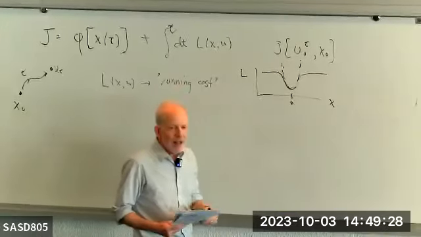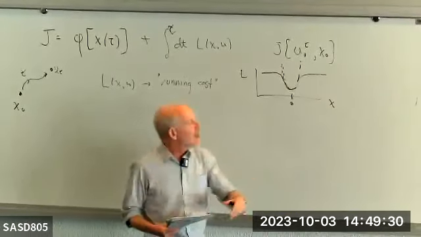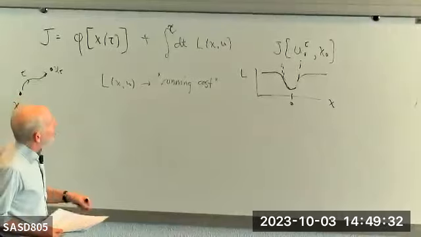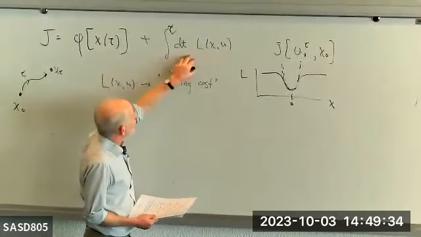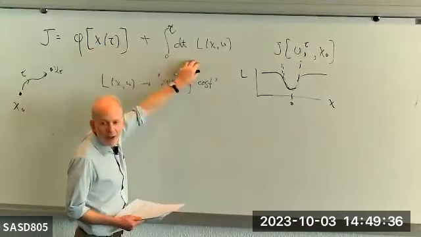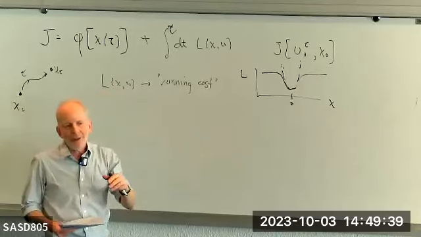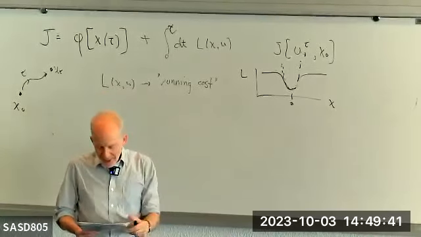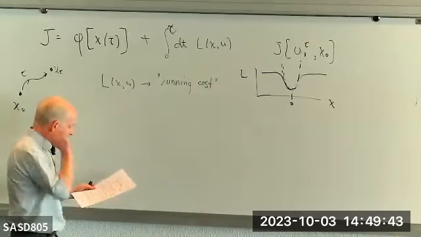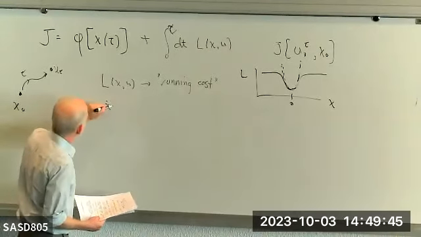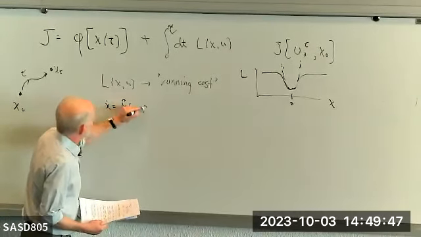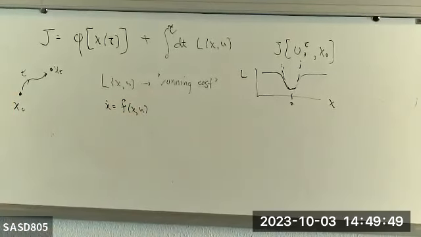So in the formalism that we'll do, the idea is that we now have an expression of our costs, but we have to impose the dynamics. And so the idea is that we're going to impose dynamics of the form that we started with. So we're back to the nonlinear case for the moment.